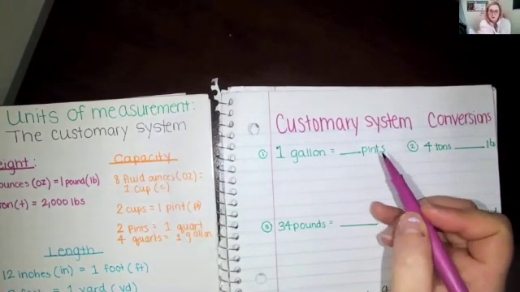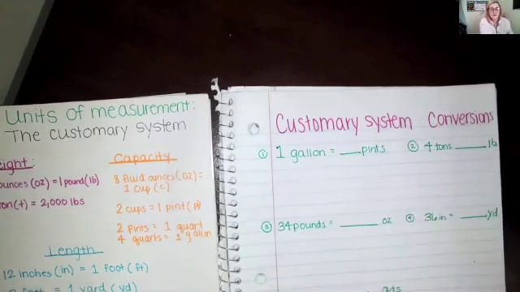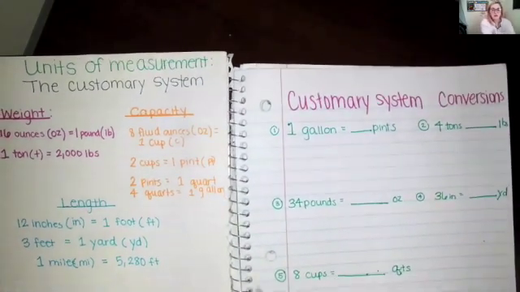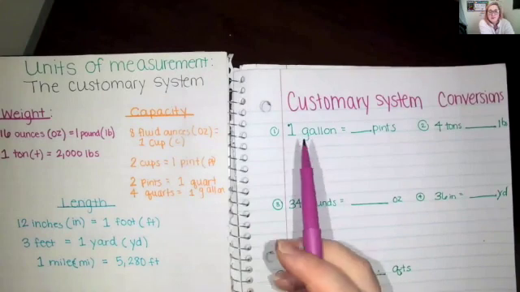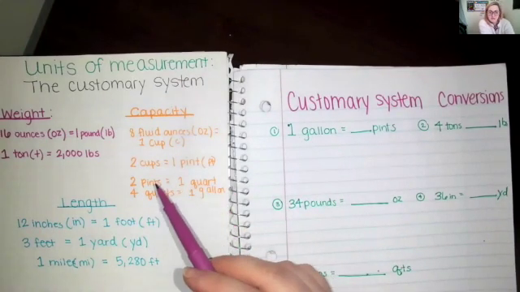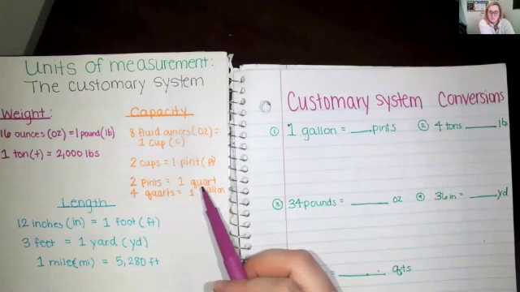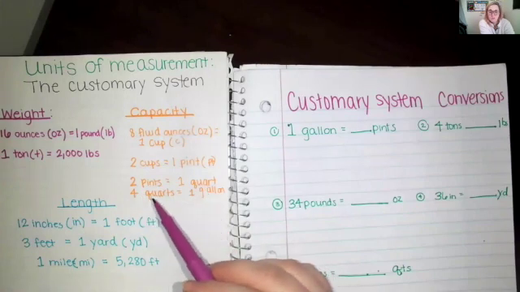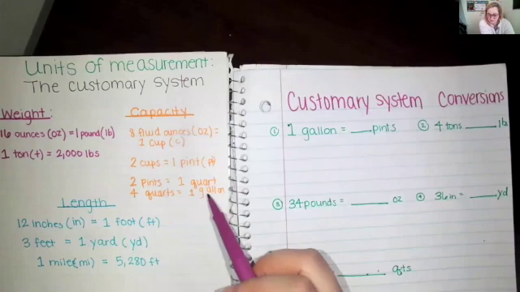Okay, so in order to figure this out, let's go back and look at our capacity measurements. Figure out what we know. I know that 2 pints equals 1 quart. I also know that 4 quarts equals 1 gallon.